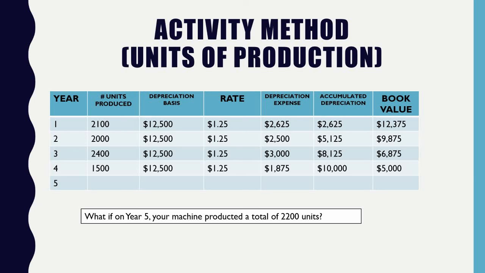And what's my book value going to hold? If in my last year of this machine's life it decided to produce 2,200, what is going to be my depreciation expense and book value? Expense is going to come out to 2,750. Okay, and what's my book value going to hold?